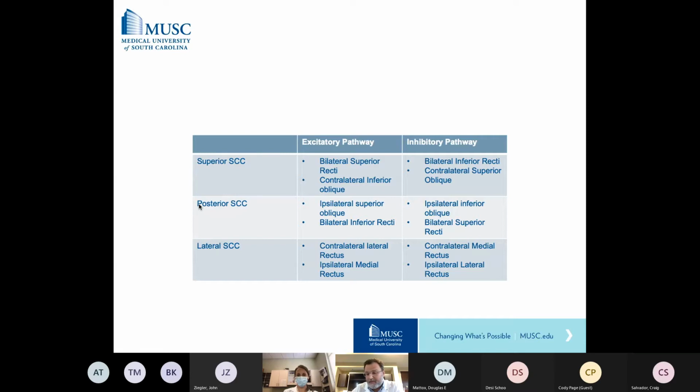So it's an intortor and a depressor of the globe. So when you stimulate the posterior semicircular canal, there will be a movement of the globe, a slow phase of the globe down and in, with a quick phase that is upbeat and out. This is why you have an upbeat torsional geotropic nystagmus in posterior semicircular canal when you lay the patient in Dix-Hallpike.